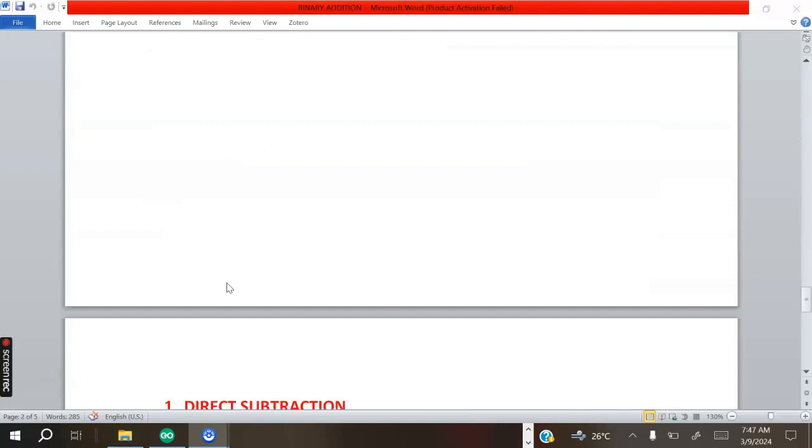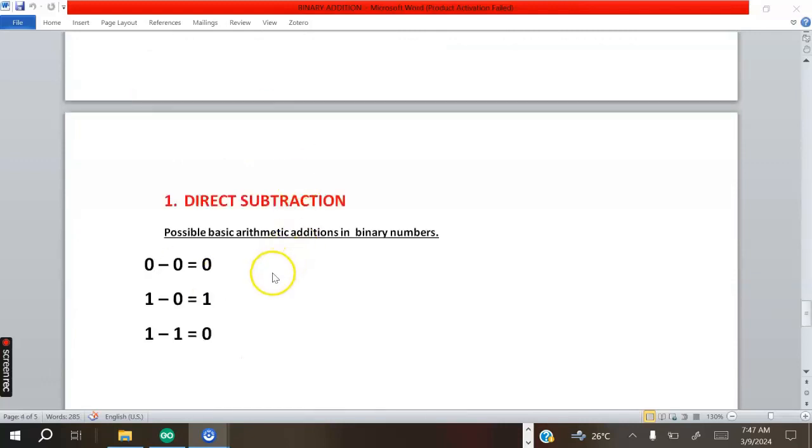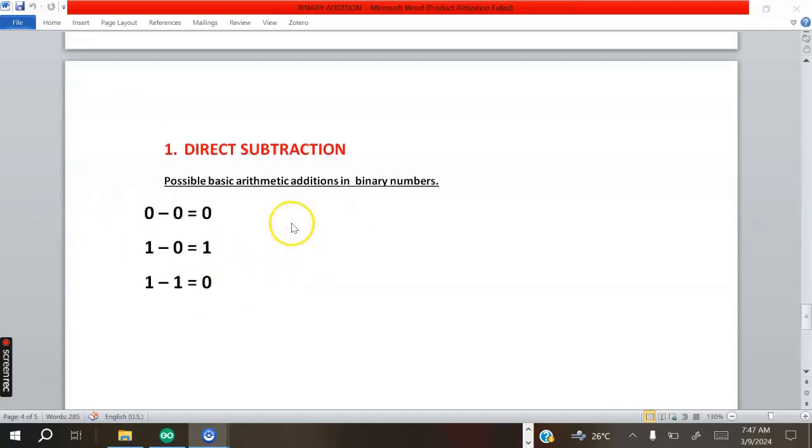But for this other scenario where we have the direct subtraction of binaries, these are the basic arithmetic rules; it's supposed to be subtraction, sorry for this.